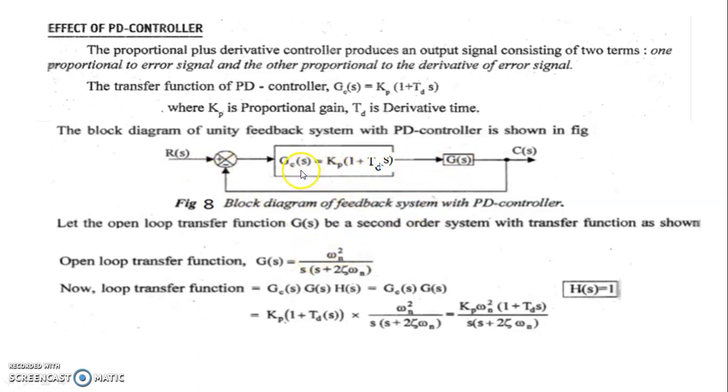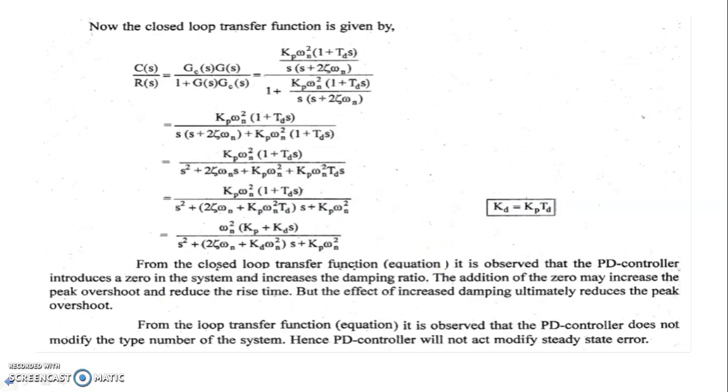Substitute the values of Gc(s) and G(s) in that expression. Already we know the values of Gc(s) and G(s). Substituting in this expression, we get the product Gc(s) G(s), and similarly substitution in the denominator also.